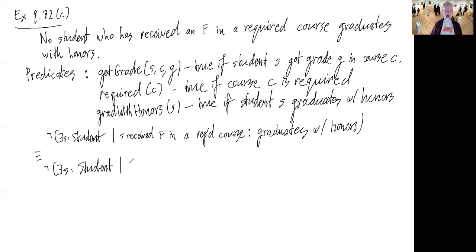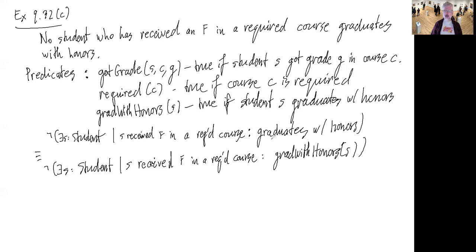So we could do a step here where we just leave the range alone: F in a required course, GradWithHonors. Okay, so that translates this part to one of our predicates. Now we've got to do something about this.